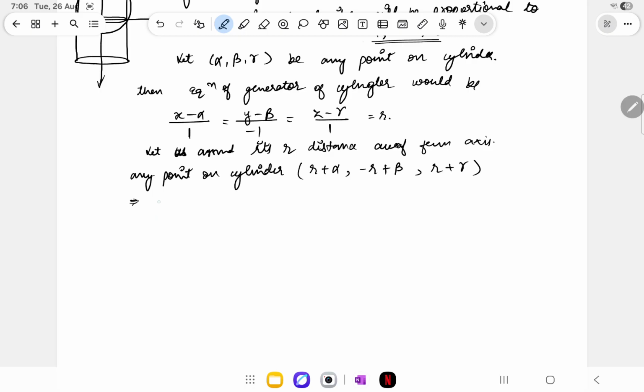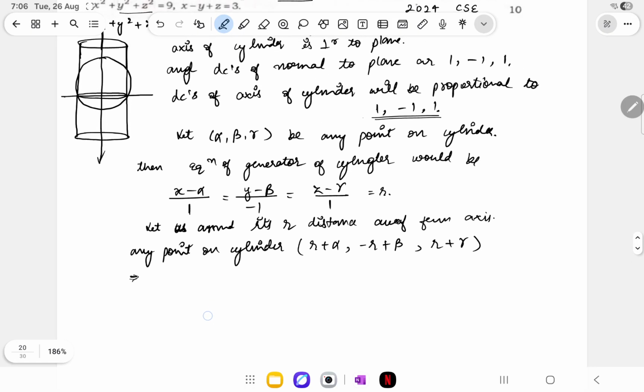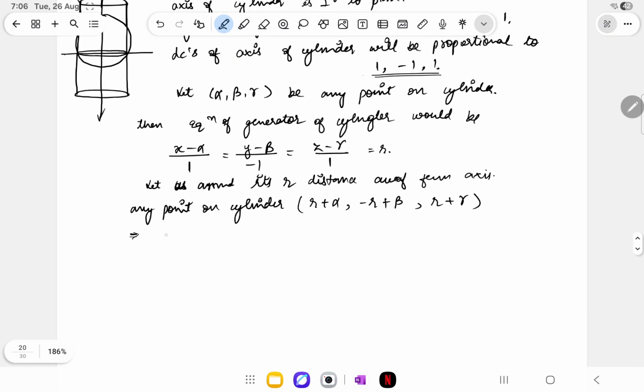So we substitute this point in the equation of the plane, which is x minus y plus z is equal to 3. From here I get r plus alpha minus, minus r plus beta, plus r plus gamma is equal to 3.